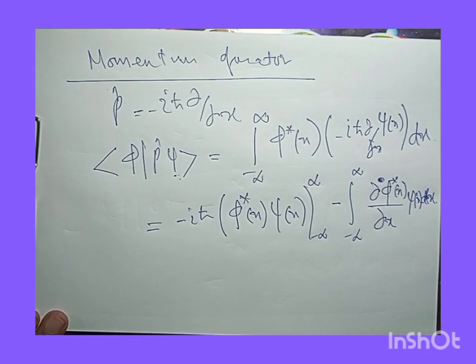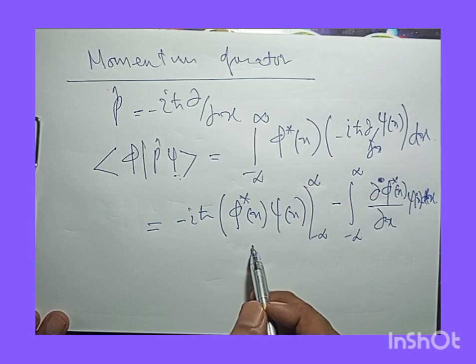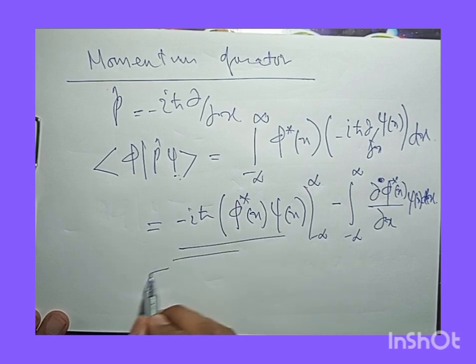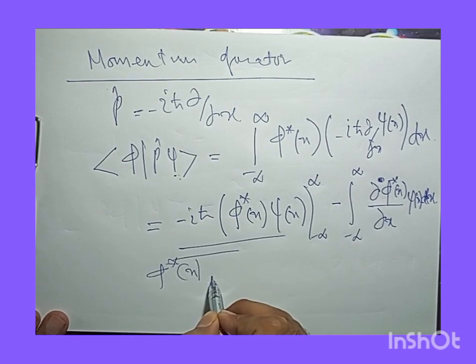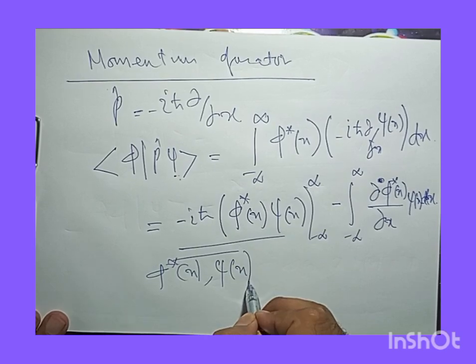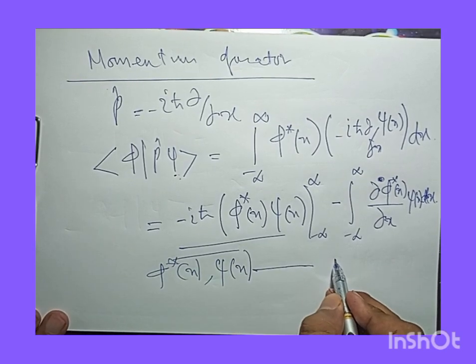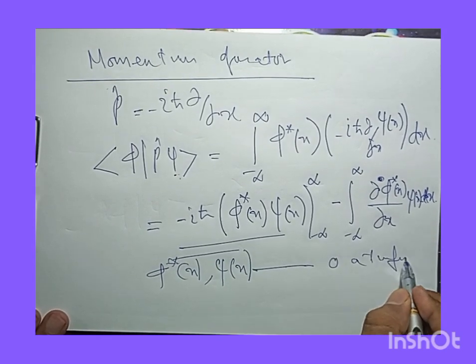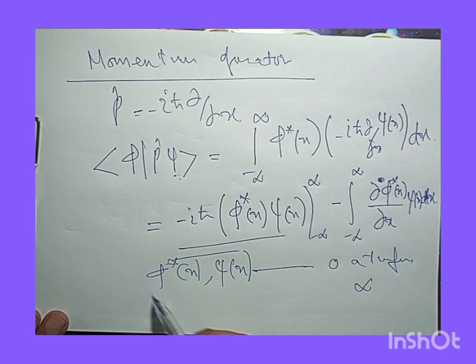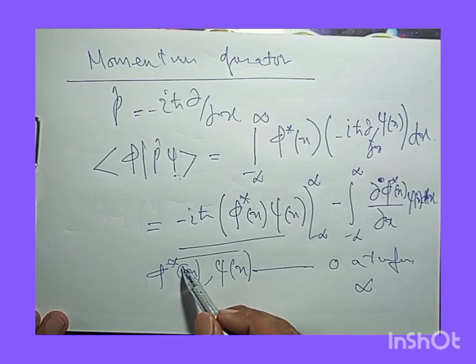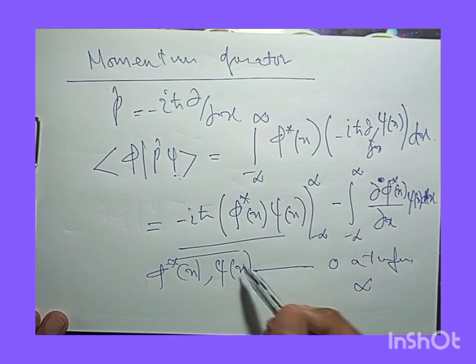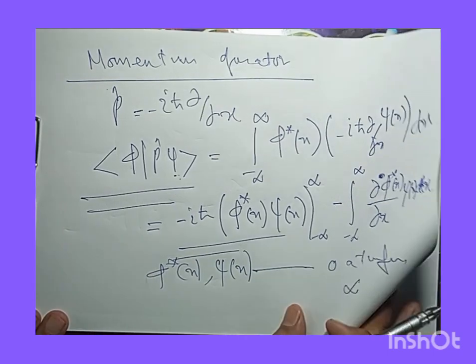Now, if we assume boundary conditions here, this product phi star of x and psi of x goes to 0 at infinity. So this whole term vanishes.